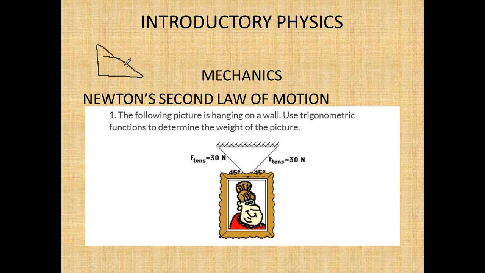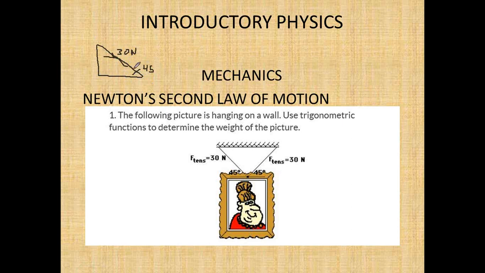Just imagine a beautiful triangle. This is the tension in the cable, and they told us that the tension in the cable is 30 newtons. And this angle right here is 45 degrees. Again, because the tension in the cable makes an angle to the horizontal, you can resolve it into its horizontal component and its vertical component.